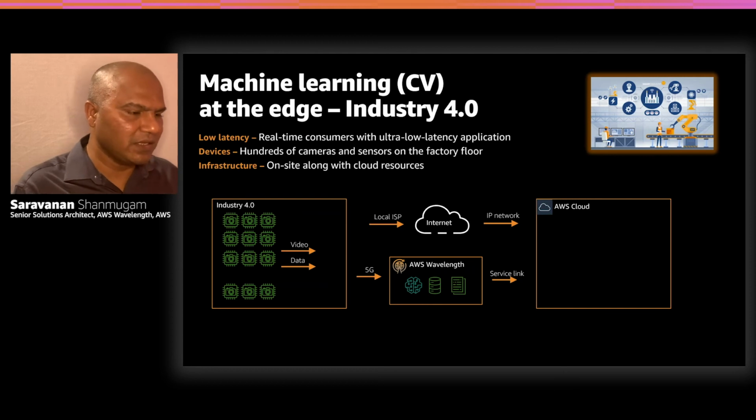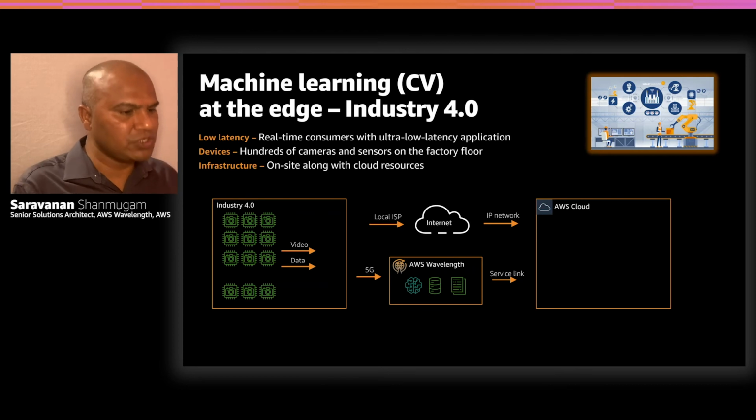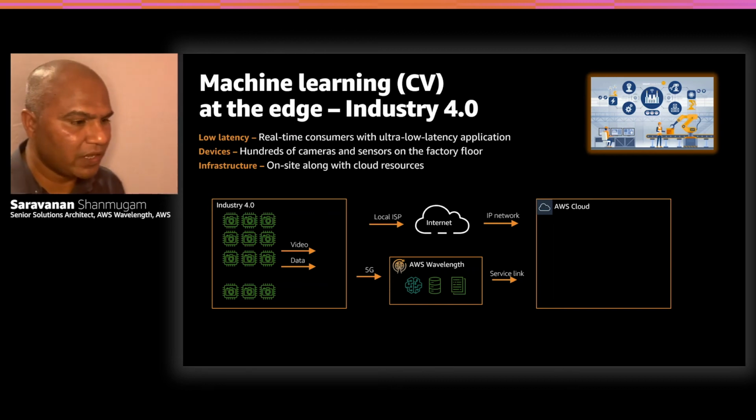Can they get the benefit of the cloud model at the edge? Not completely, but most use cases can leverage 5G and wavelength zone compute by reducing latency. And this is where we worked.